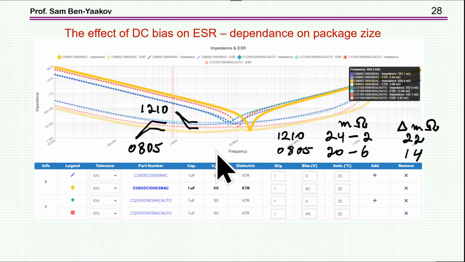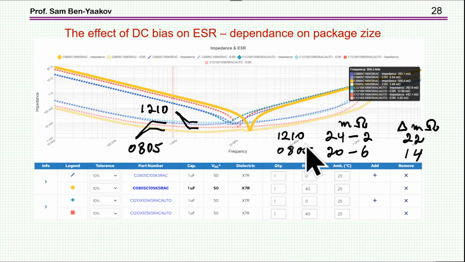There's also another issue here, and that is how the package size is affecting the change of ESR with the DC bias. Now this is from the PCIM simulator, and we think that the direction is incorrect, but irrespective of the direction, we see that the package size is affecting the change.